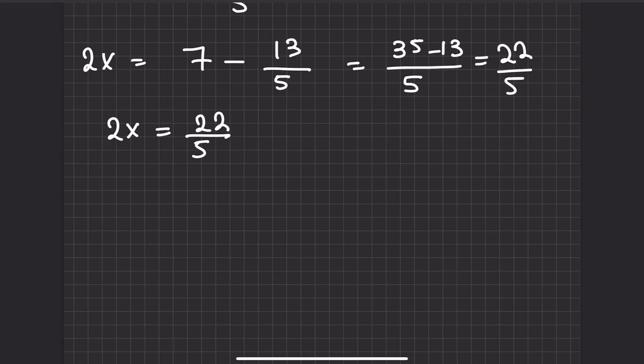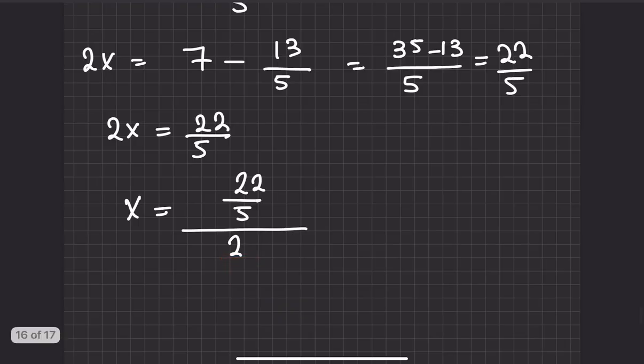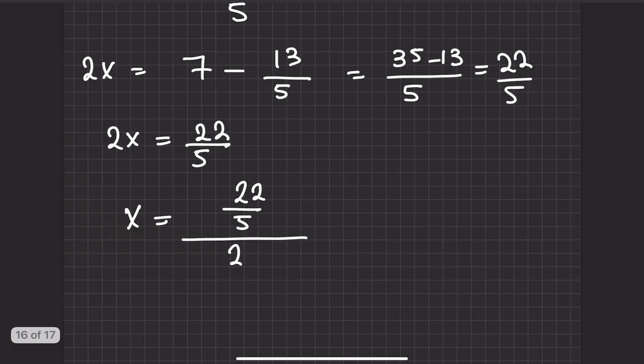And if I'm looking for only one x, I have to divide both sides by 2. So it's going to be x equals 22 divided by 5, then long division, 2 divided by 2. Here 2 has a hidden 1, so I'm gonna write down in another color so it makes it easier for you.